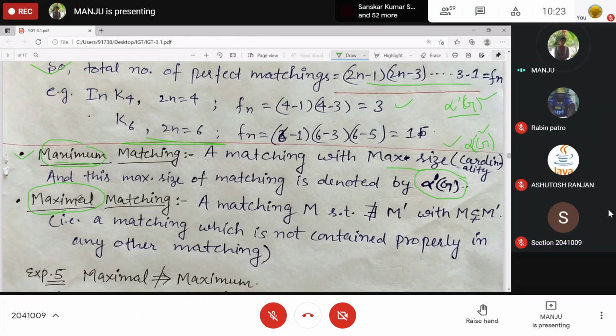Maximum corresponds to the greatest cardinality, greatest size, greatest order, something associated with largest.